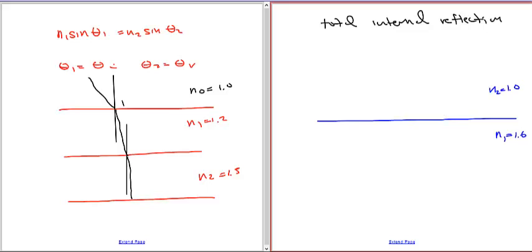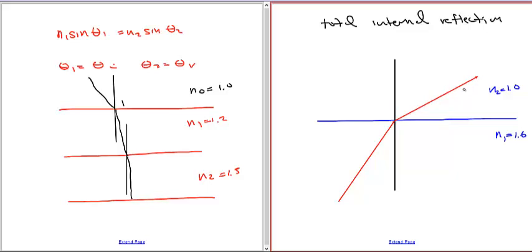And if you take a light ray coming in to this surface, because I'm starting in the higher index of refraction material, instead of bending towards the normal, I'm going to bend, so that would be if they were the same index of refraction. If this N2 were higher than N1, it would go this way, but if N2 is less than N1, it's going to bend like that. It's going to bend away from the normal.